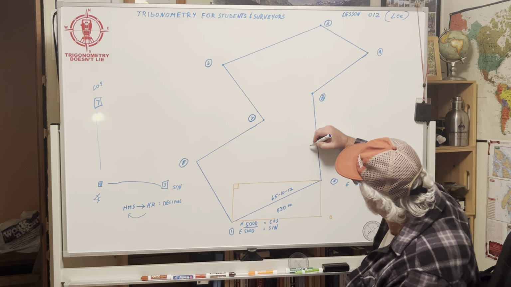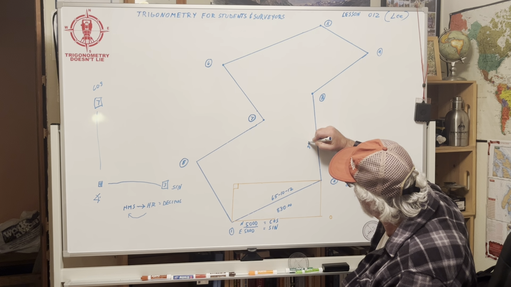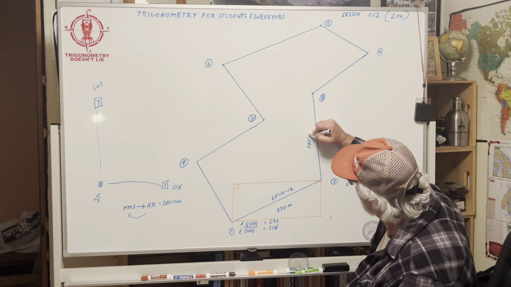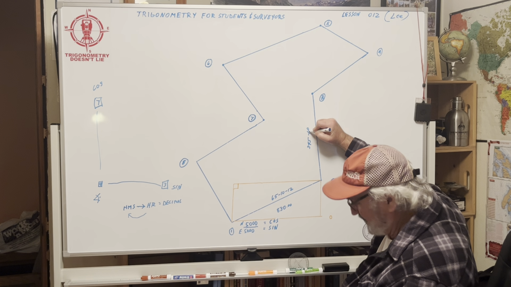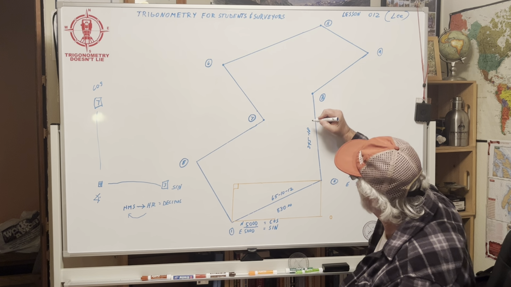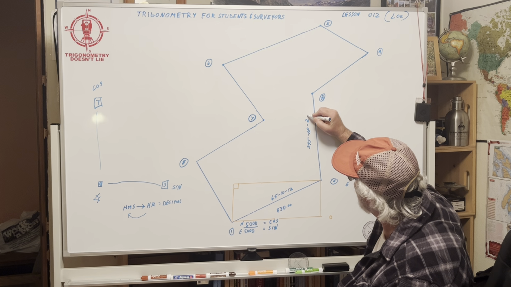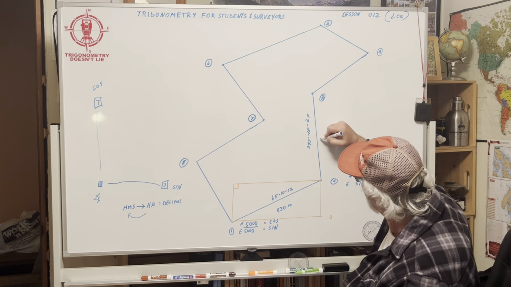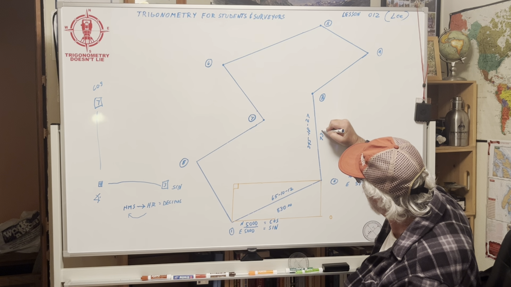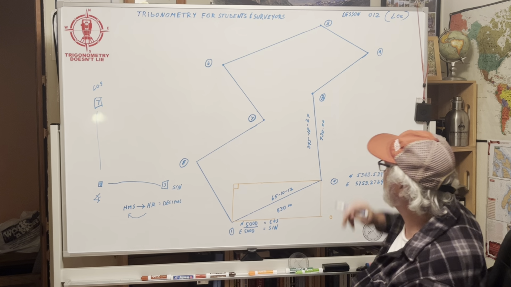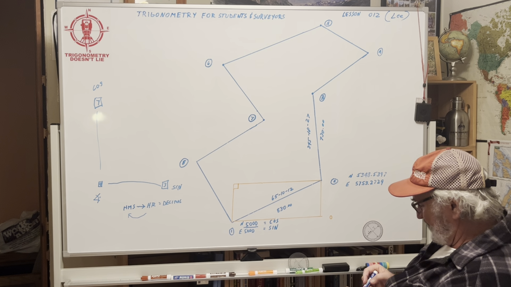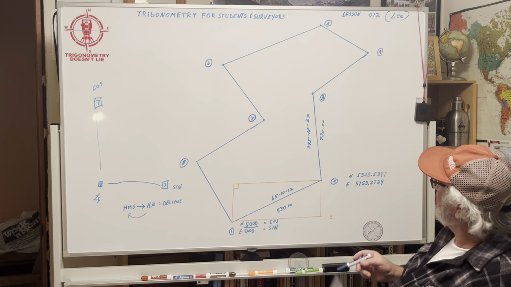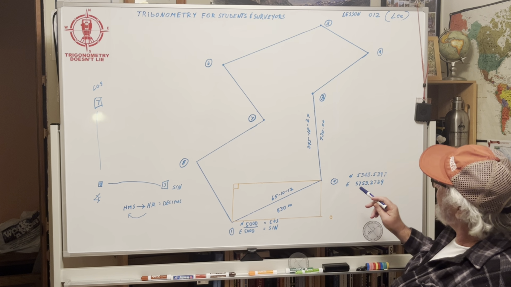Okay, I'll put those up there. 345, 1827. And our distance is 730. Okay. So now we know we would do the northing and the easting.